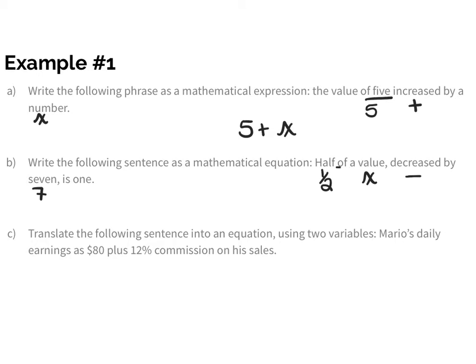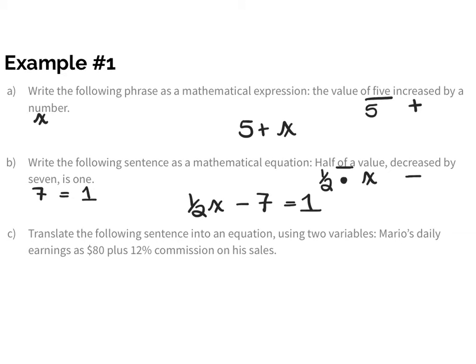This of here implies that we're multiplying. And then is 1. So as long as we're looking at every single little thing, we can easily come up with our equation. This is 1/2 times x minus 7, and it equals 1.